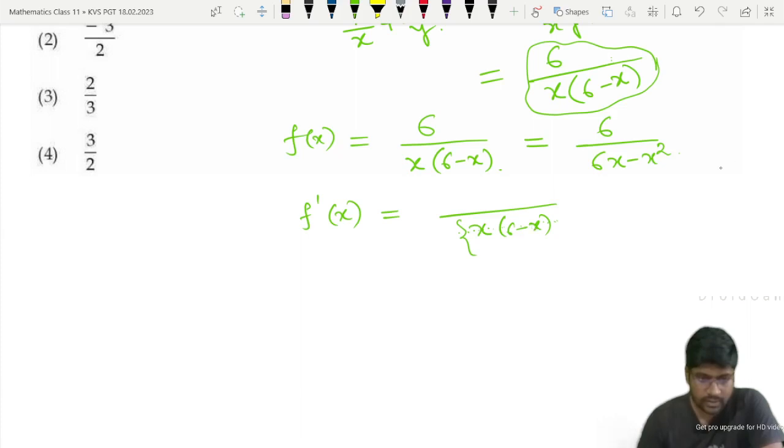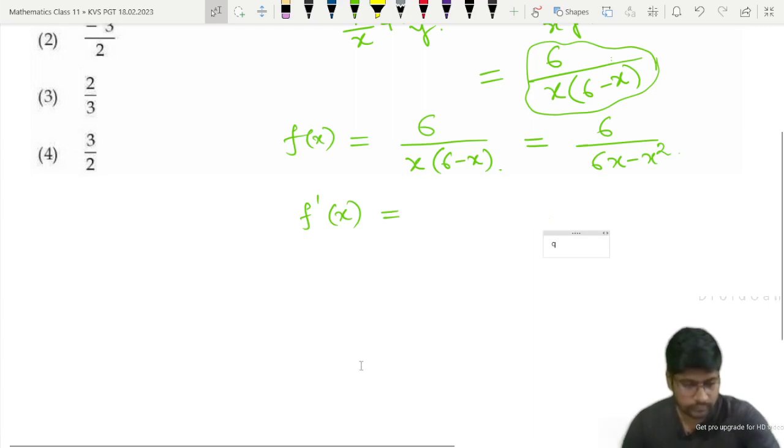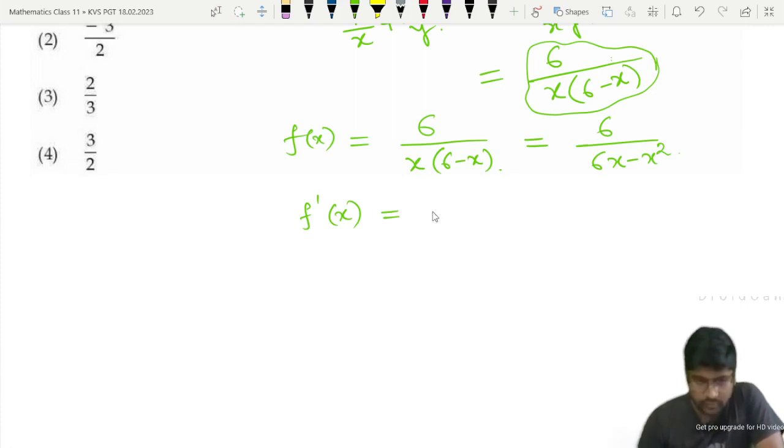Then I will find the derivative of this term.